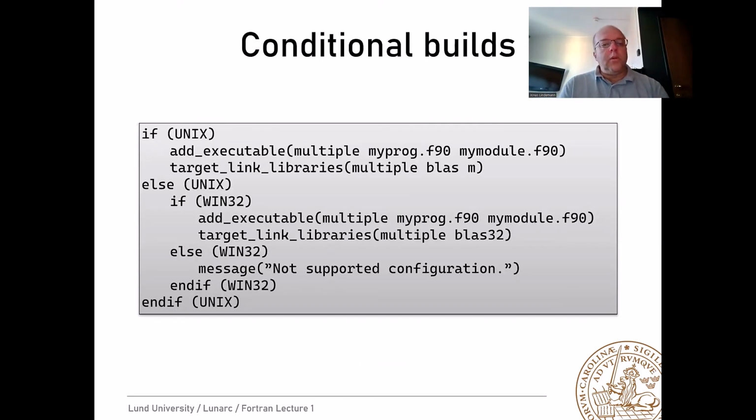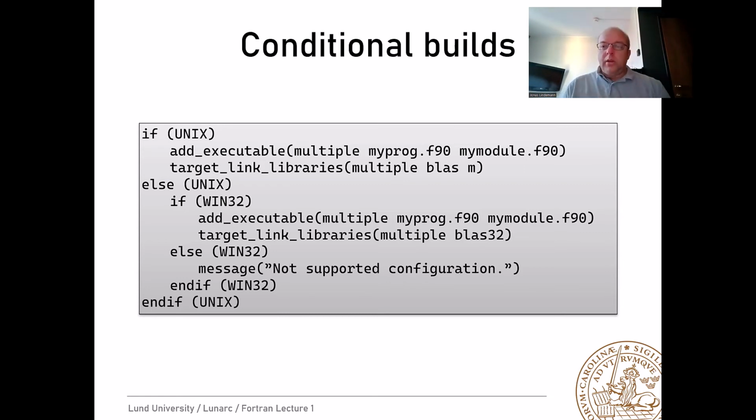So here's an example. If UNIX, I will add my executables, but I will link with BLAS and M. If I'm running on WIN32, which is Windows, I will link with BLAS32, for example, which is just made up here, but a different library. And if it can't find the configuration, it will say not a supported configuration.